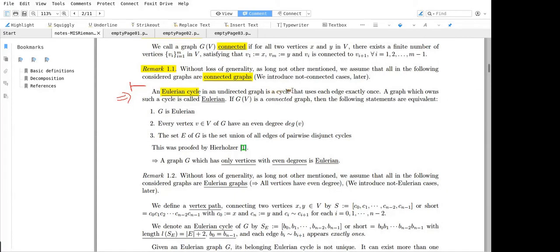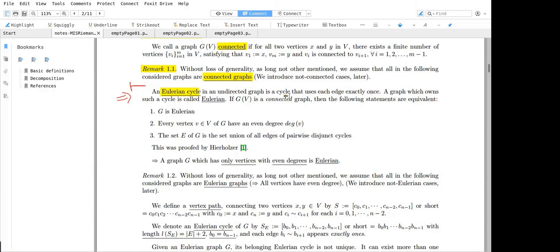An Eulerian cycle in an undirected graph is a path which goes through our graph and uses each edge in this graph exactly once, and the starting and end point of this path is the same vertex. So we start at a vertex, go through all the edges and finally end at the starting point.